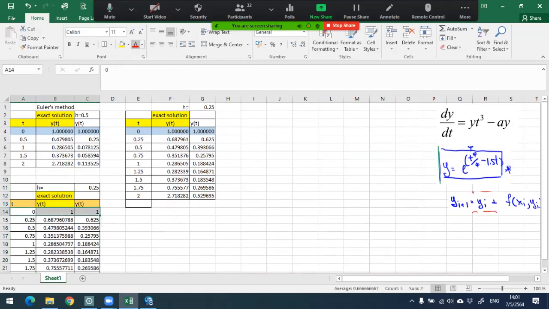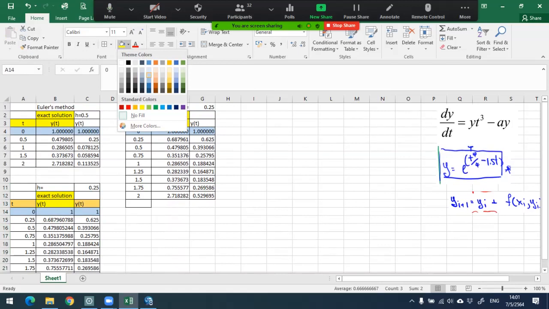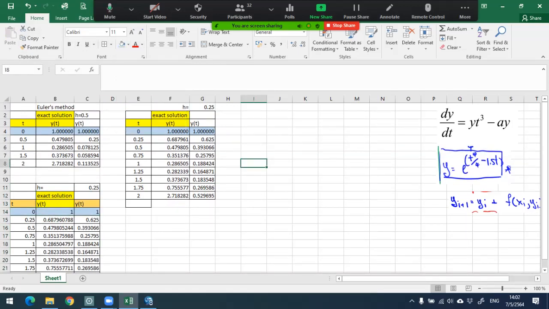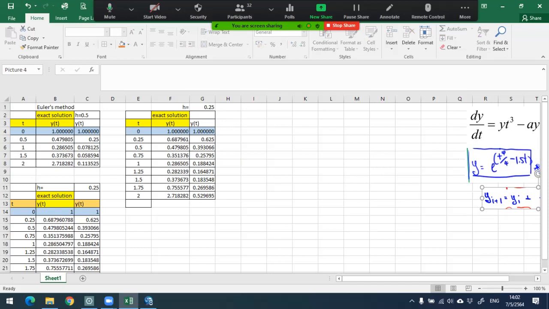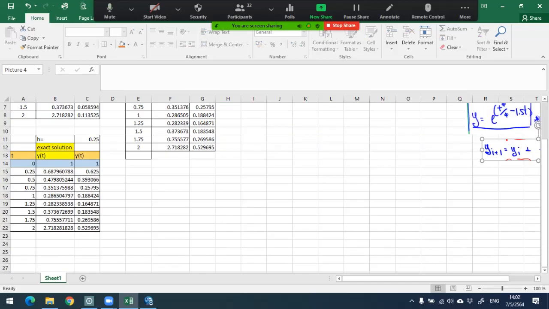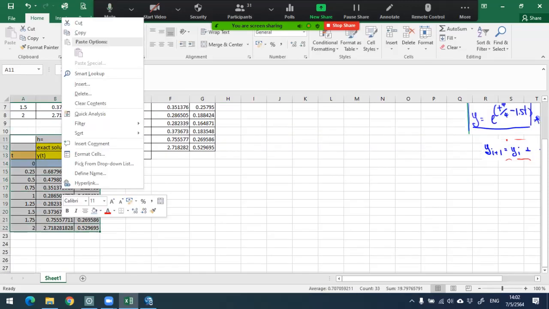This is the initial value. And after that, if we would like to conclude the solution for this problem first, it should be like this.